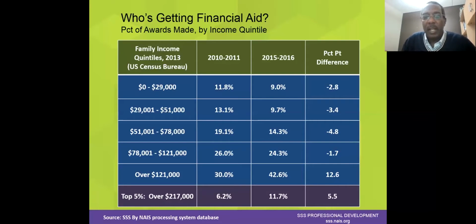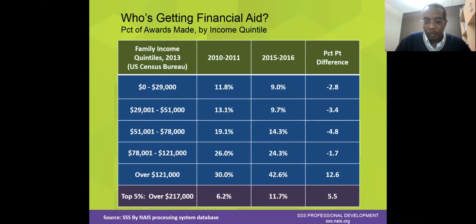What you can see as you look down this chart is the percentage point difference over the 5-year period, showing that not only are the applicants getting wealthier, with higher income people more prevalent in the applicant pool, but they're also becoming more likely to receive the awards. Especially in that over $121,000, top 20 percentile, almost 43% of all the financial aid awards tracked in our system were made to families who earned over $121,000.